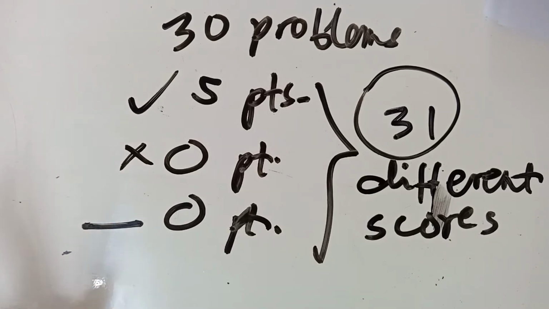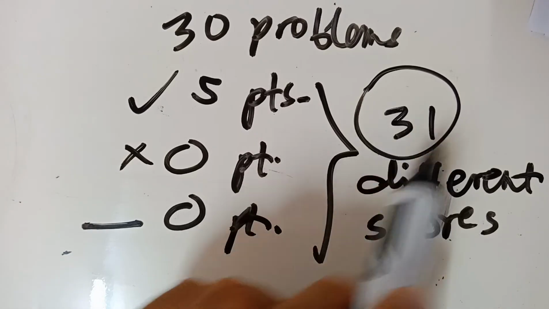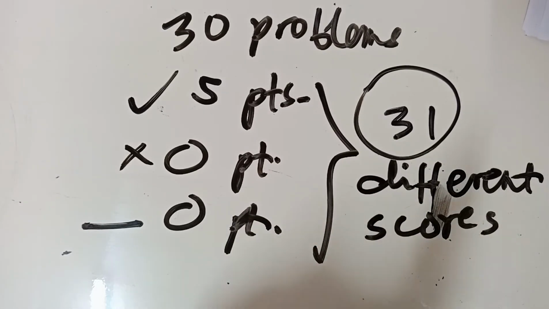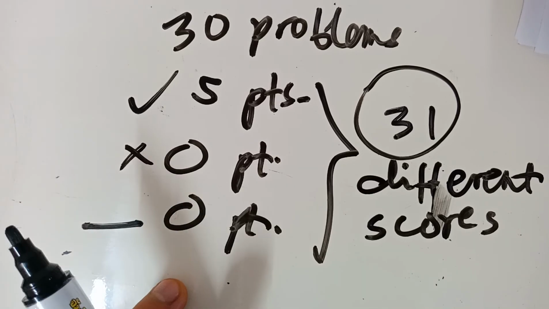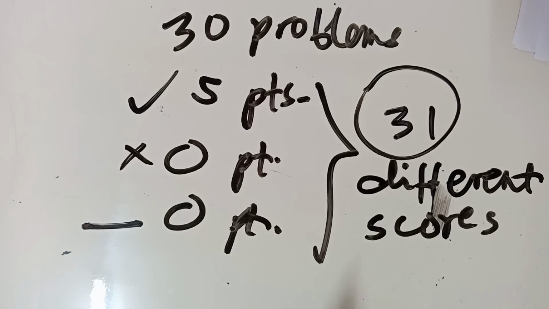In order to get 2 students that will always have the same score, we are going to double this number 31. In that case, the worst case scenario is that every pair of students will have a unique score.